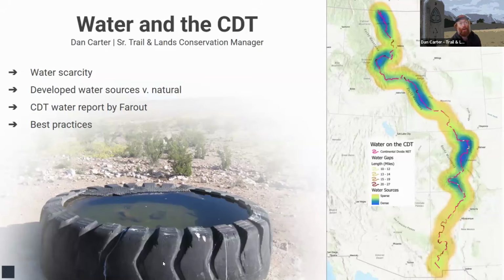And that's just so it gives plenty of room for the livestock or for the wildlife to feel comfortable to come in there and drink and do what they need to do as well. And if you're using these developed sources, please do not tamper with the water plumbing or the other infrastructure. And if there's a valve, please be sure to turn that off if you have to turn it on to use it, unless you're told otherwise.